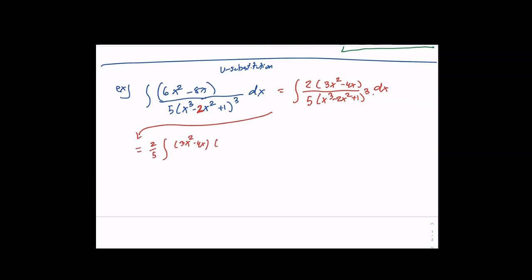And then I get x cubed minus 2x squared plus 1. And that becomes the what power? Oh, you moved it up. So would it be -3? -3. Perfect.